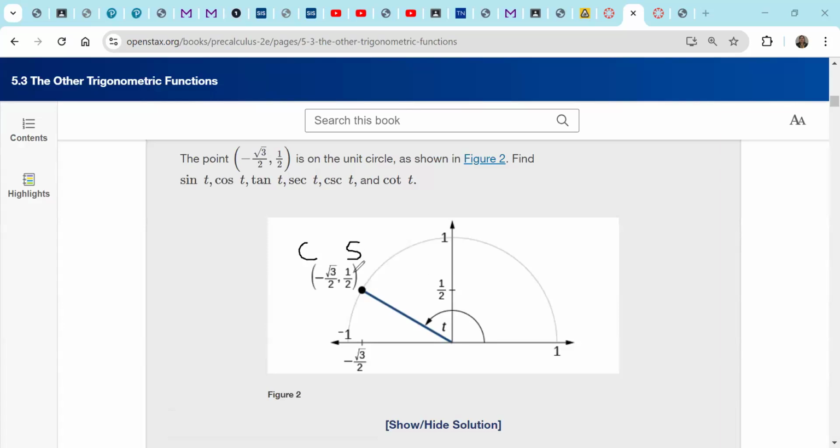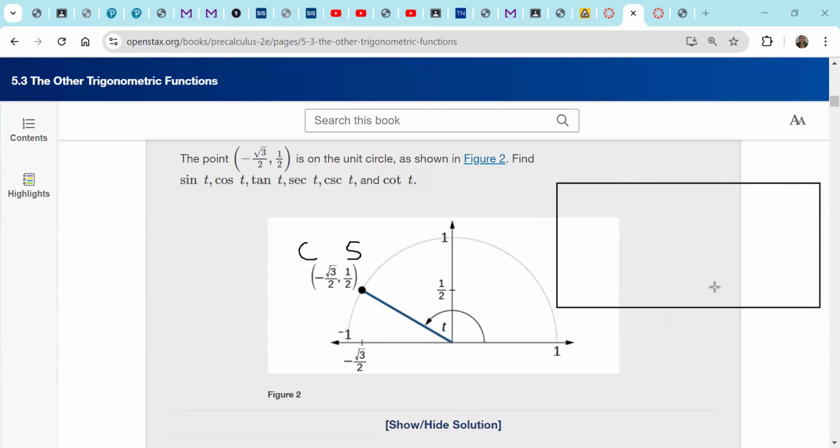So if this is the sine 1/2, let me recollect the unit circle trig table for you. We made that trig table, writing the values of sine, cosine, tangent at 0, 30, 45, 60, and 90 degrees. I'm going to do that again with you to remind you of several things.